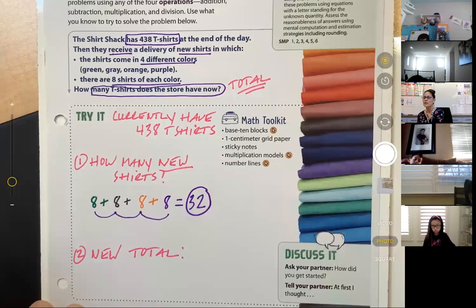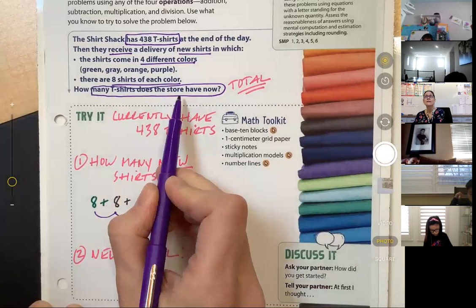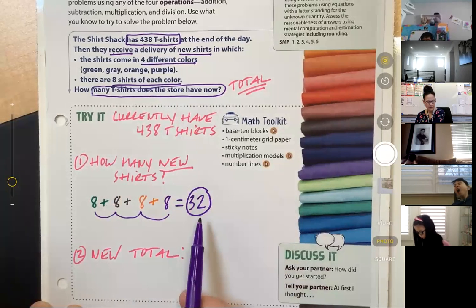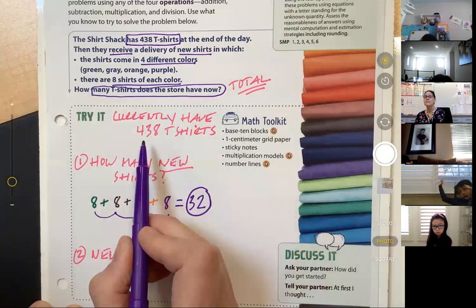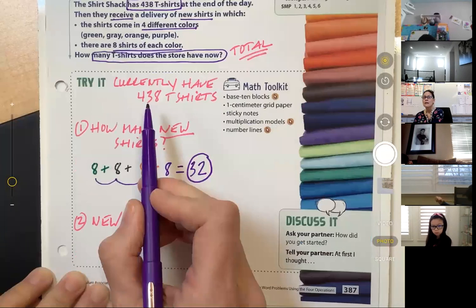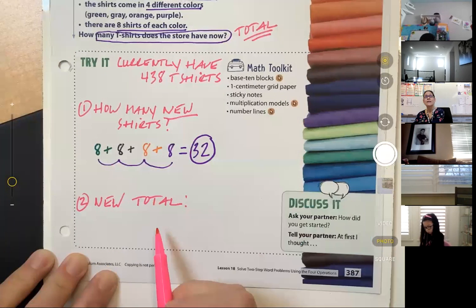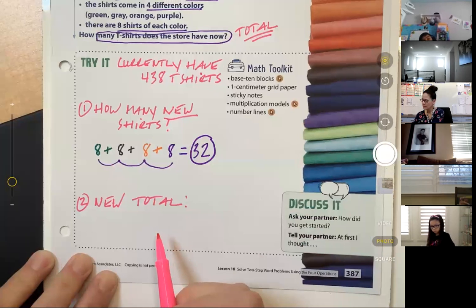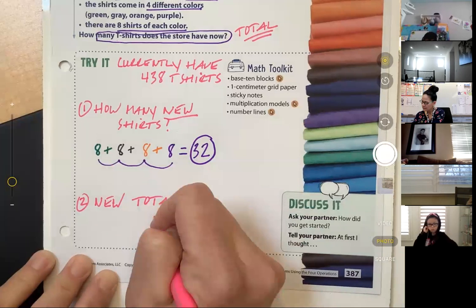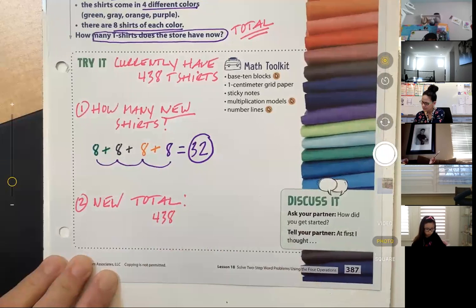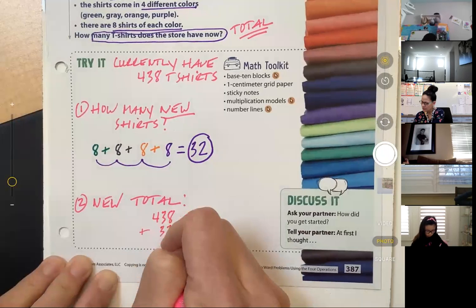But that's not what the question is asking me. The question is asking me, how many shirts does the store have now? I need to take those new shirts and add them to what the store currently has. So new shirts added to current shirts. 438 current shirts plus 32 new ones.